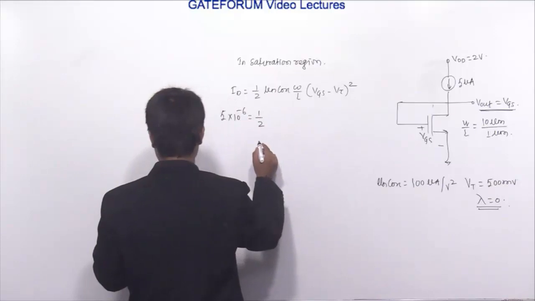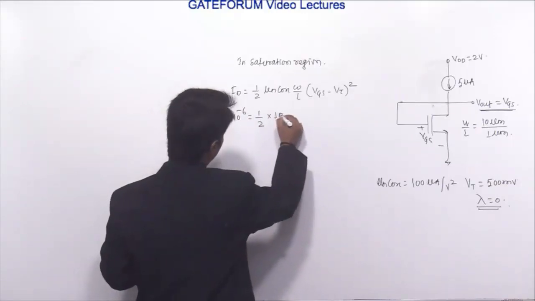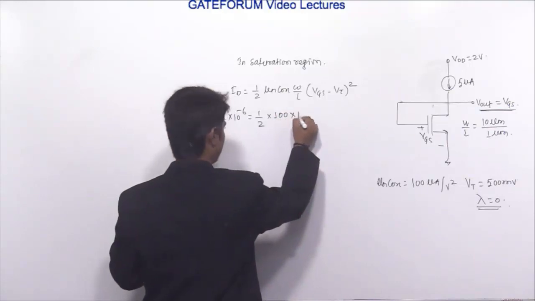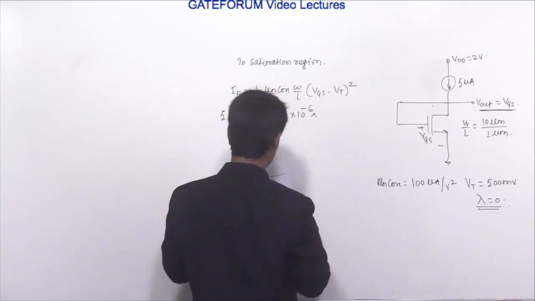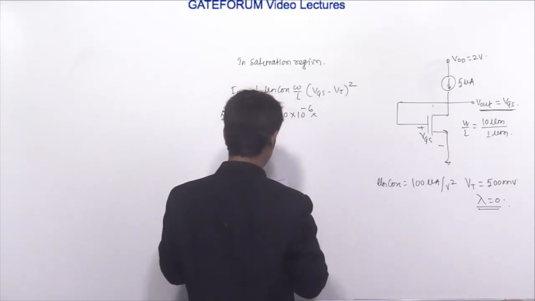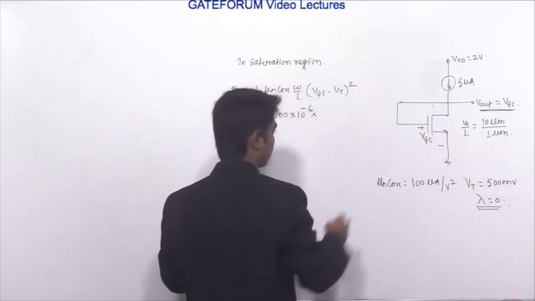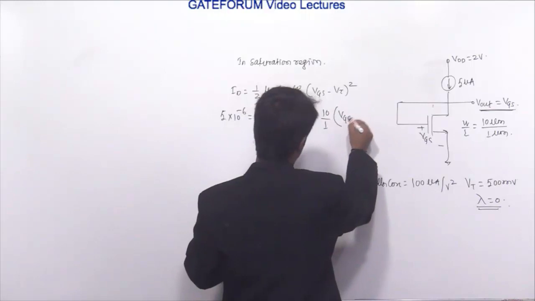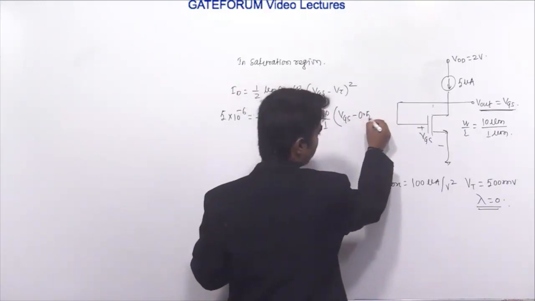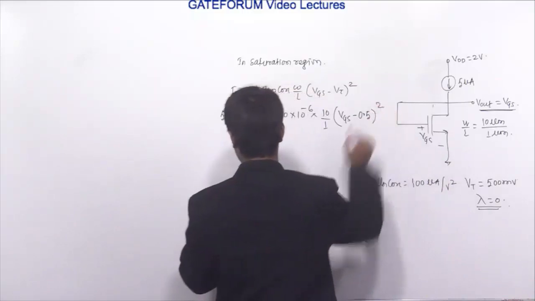It's 1 by 2, and mu n COX is 100 microampere per volt square, which means 10 raised to power minus 6. W by L is 10 by 1. Micro will get cancelled. VGS minus VT, with VT given as 500 millivolt, means 0.5 volt, squared.